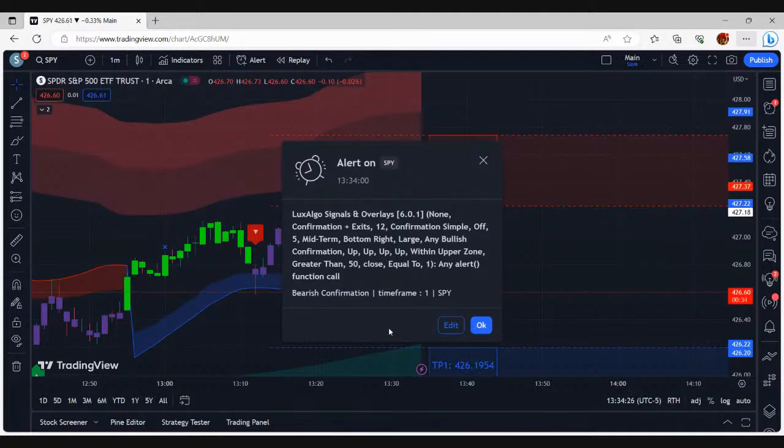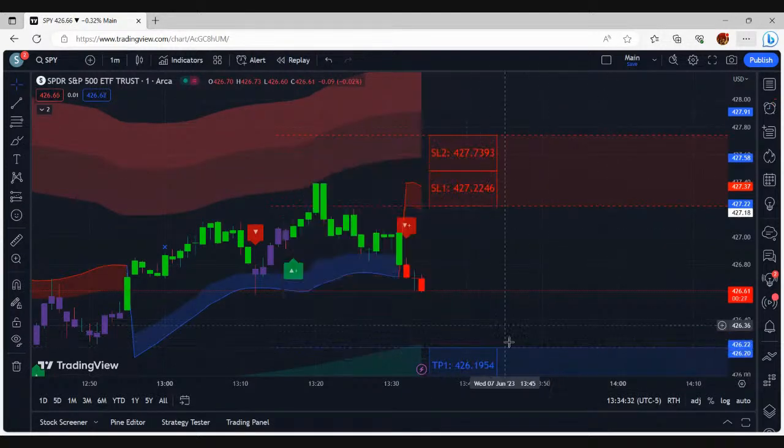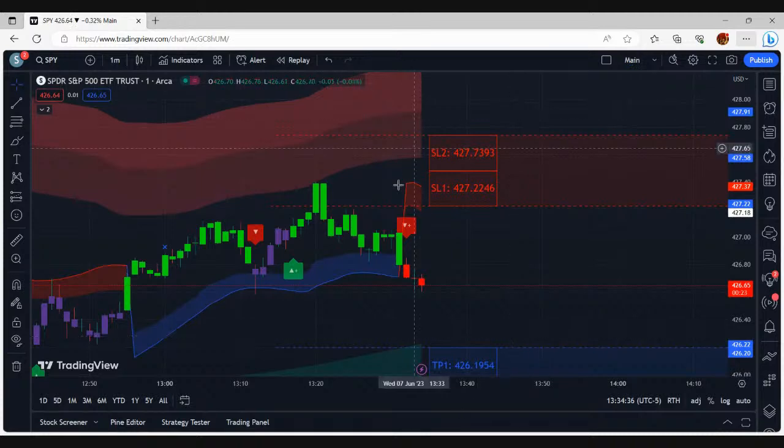So the low 120s will hopefully be the first profit target if this thing continues. Hopefully we don't get a big bounce back up towards the smart trail.